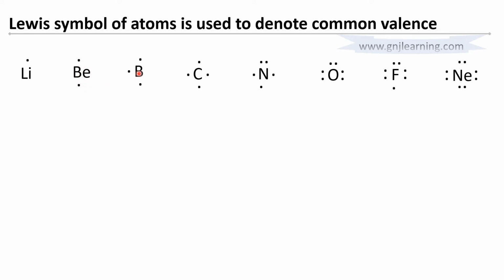Boron from the 13th group has a common valence of 3, so we have 3 dots. Carbon from the 14th group has 4, so we have 4 dots. Nitrogen 5, oxygen 6, fluorine 7 and neon 8. You will see very soon the significance of these dots in the Kössel-Lewis approach.